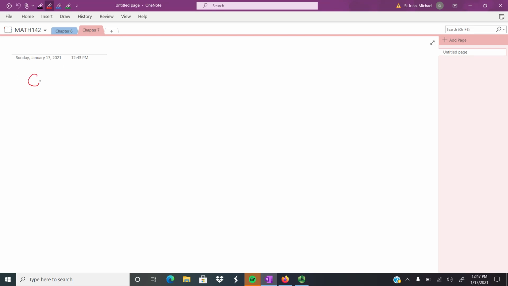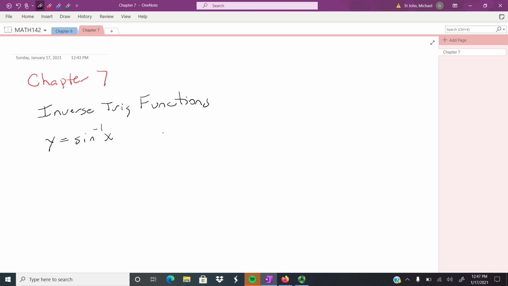So we're now on to chapter 7. First off, inverse trig functions. So y equals the inverse sine of x, given that x is equal to sine y.